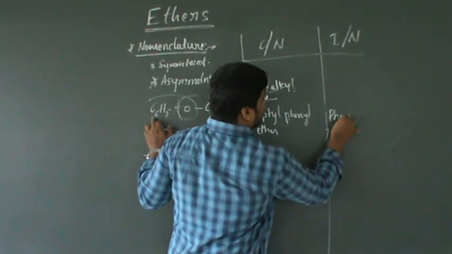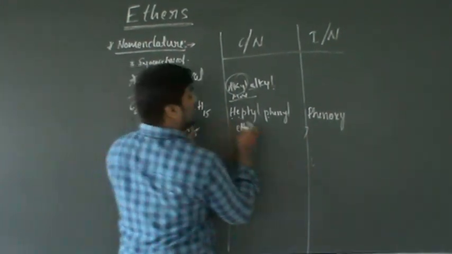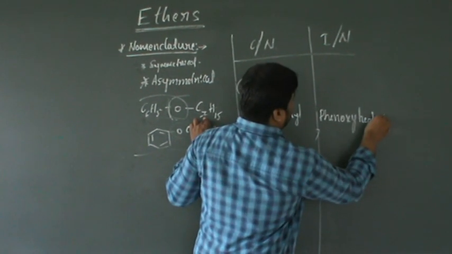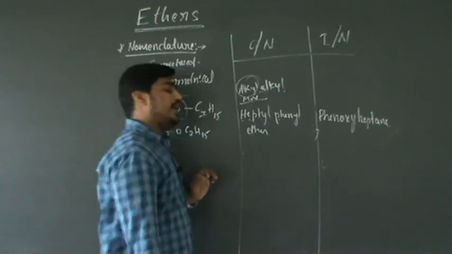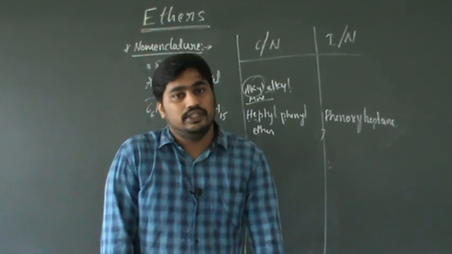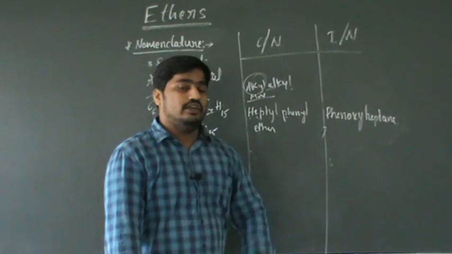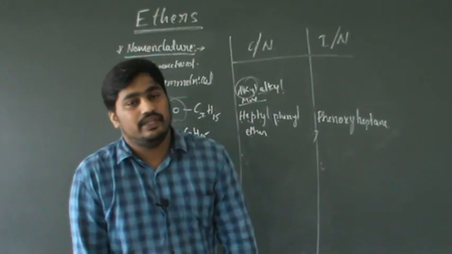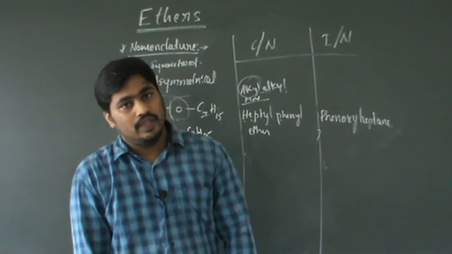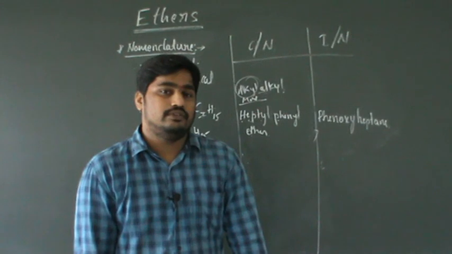Phenyl becomes phenoxy. Phenoxyheptane is the IUPAC name of this compound. Please remember these names, which are very important, and practice with more examples. In the next session we will discuss the preparation of ethers. Okay, thank you.